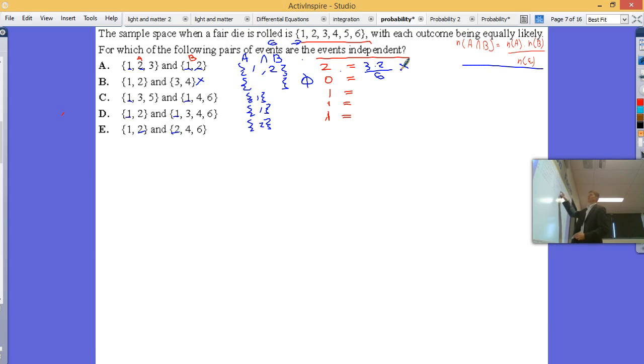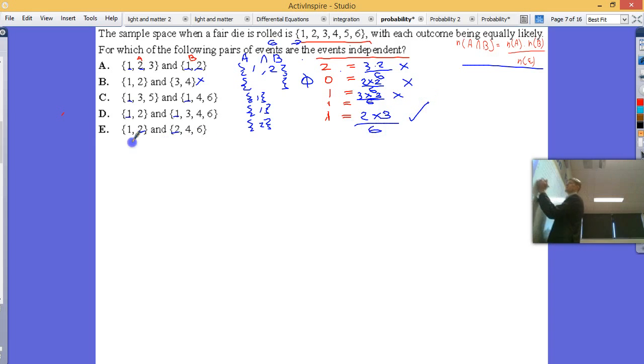And then the next one, I've got 2 and 2, 2 times 2 over 6, again that's not correct. Now here I've got 3 and 3, 3 times 3 over 6 is not correct. Get the idea? What about the last one? We've got 2 times 3, 2 times 3 over 6. Oh yes, ding ding ding, we have a winner.